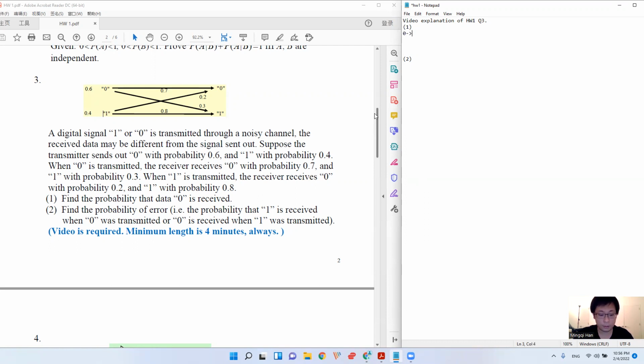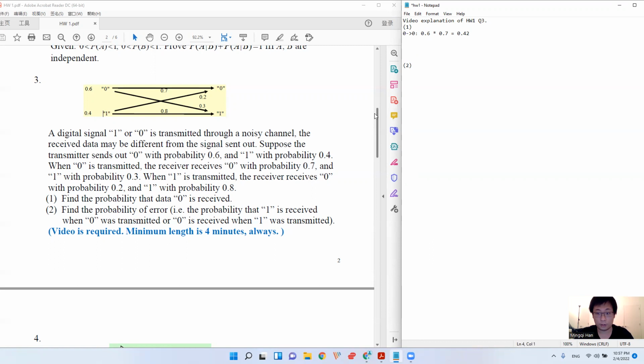From a 0 getting a 0 is 0.6, which is the probability of having a 0 as an input, and the probability of receiving an output 0 from that input is 0.7. So the probability of going from a 0 to a 0 is 0.42.